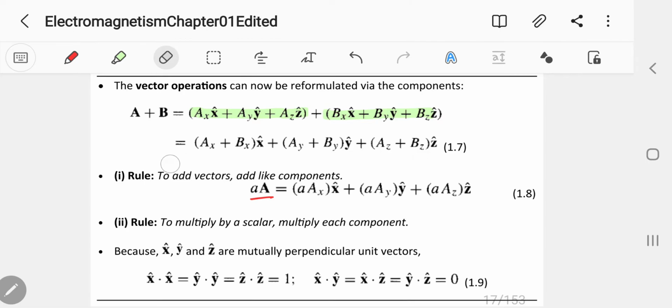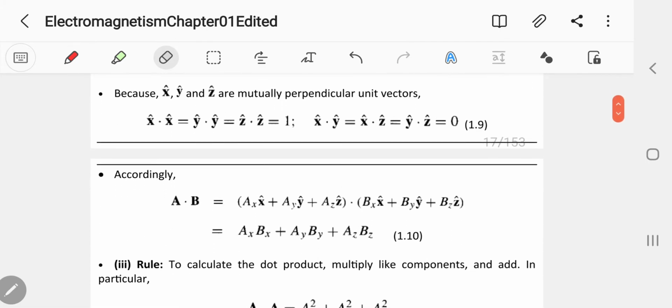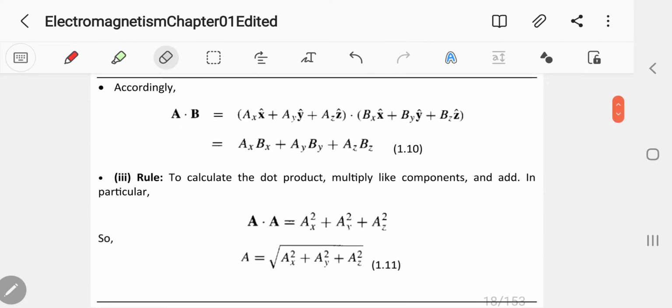So how would you get the dot product of two vectors? The dot product of two vectors is this one, A dot B, and you have here Ax, Ay, and Az, and then you have Bx, By, and Bz in the respective directions.